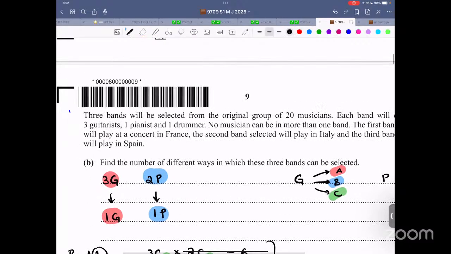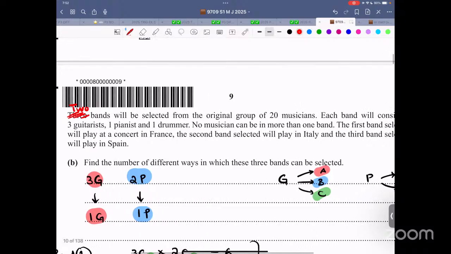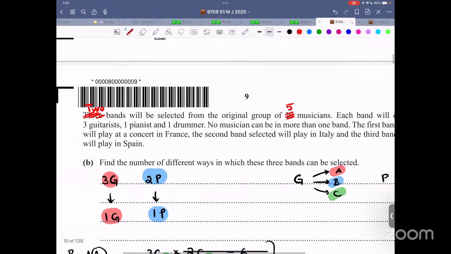First of all, what I'm doing is this. Instead of 3 bands, I'm selecting 2 bands. So that is the first thing that I'm doing. So now I'm selecting 2 bands from the original group of whatever the number is. So that is 5. I have reduced. Each band will consist of 3 guitarists and 2 pianists.